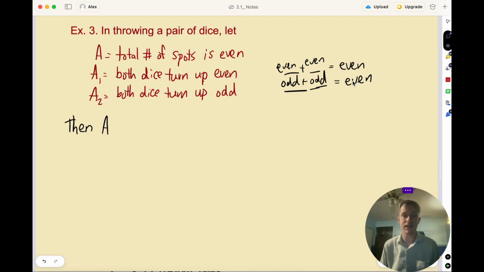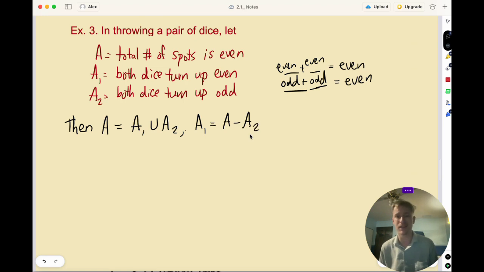Since A can be achieved by either A1 or A2, we say that A is the union of the events A1 and A2. We also say that A1 is all of A excluding A2. Think about that for a second.